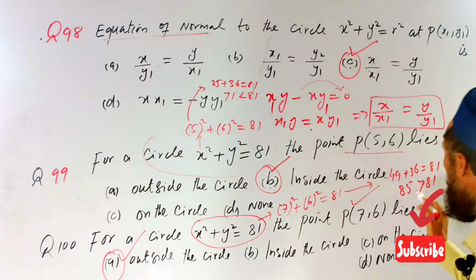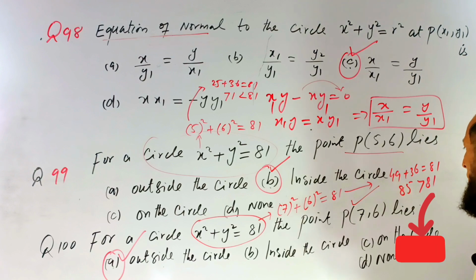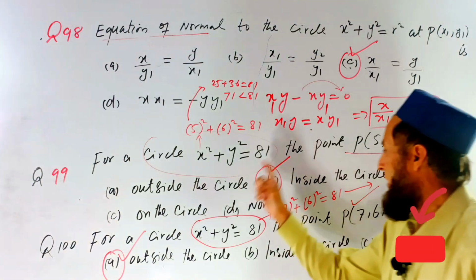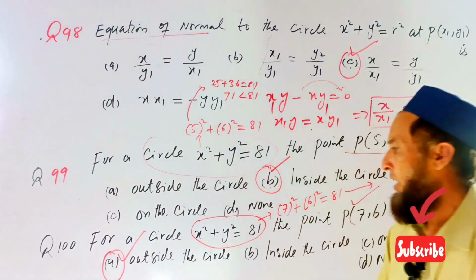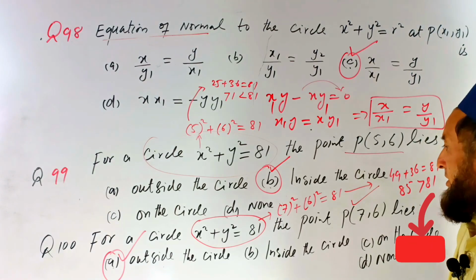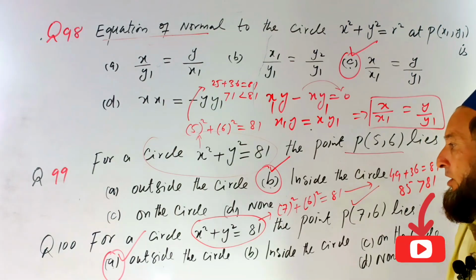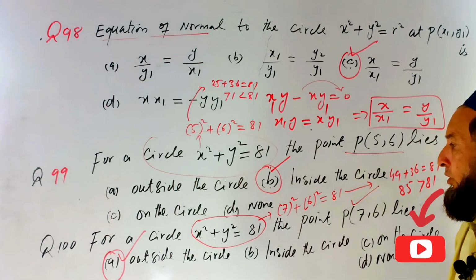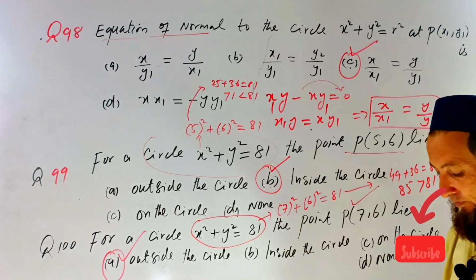If it is greater than the radius, the point lies outside the circle. If the values are the same, the result will be that the point is on the circle.